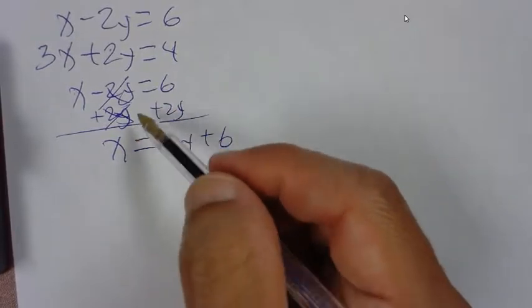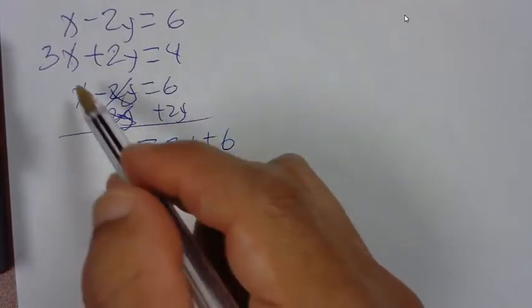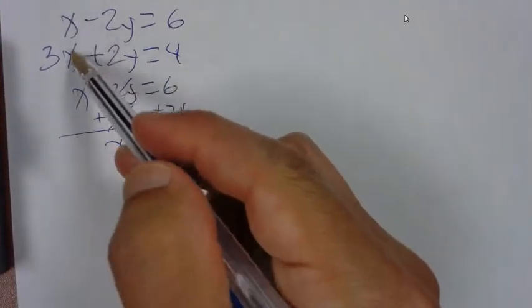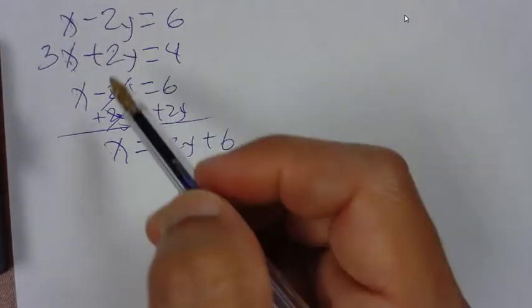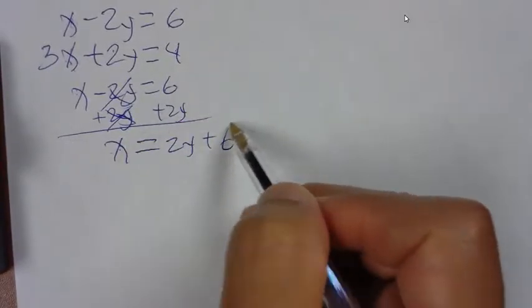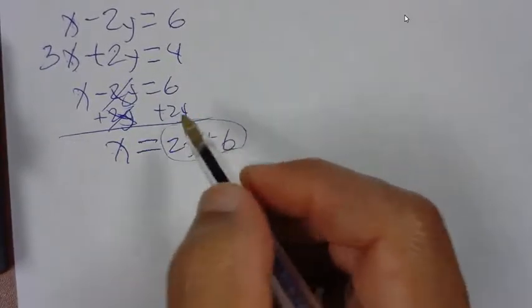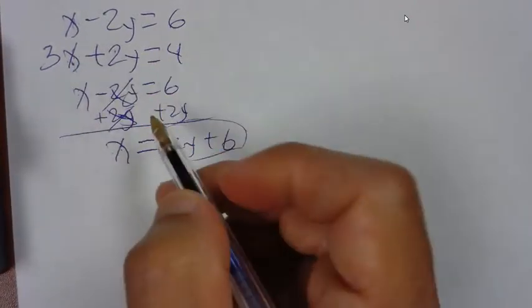And didn't we just say that your x's should be the same in both equations? Well, taking that knowledge, we can substitute this value into the other equation, not into the same equation.